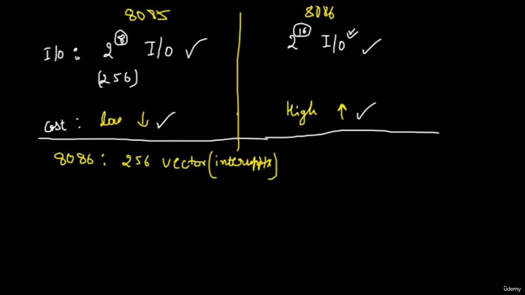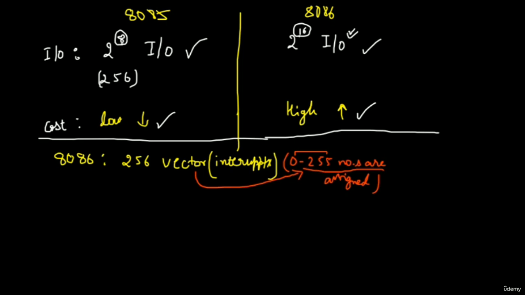What does it mean? It has 0 to 255, which technically means 256 numbers assigned. I know you are wondering what a vector interrupt is. So this is the meaning of vector interrupt: technically 256 numbers, 0 to 255, can be assigned at once in the 8086.